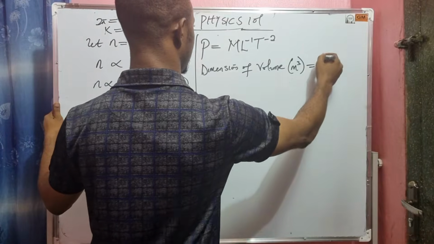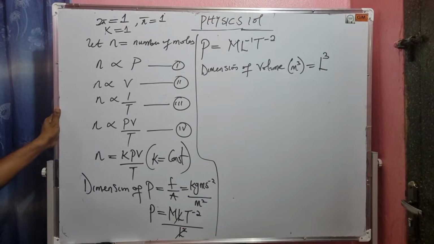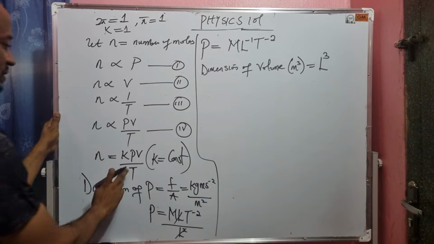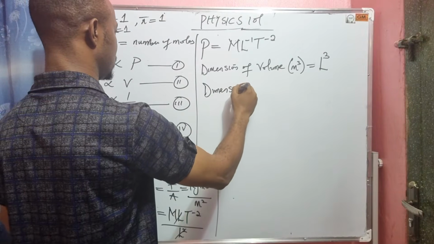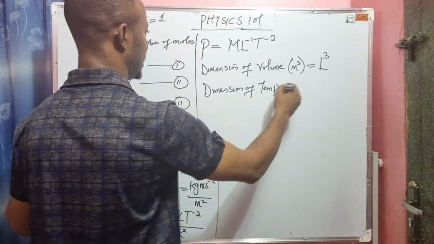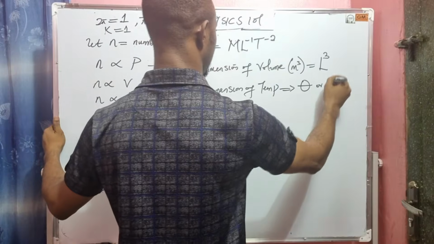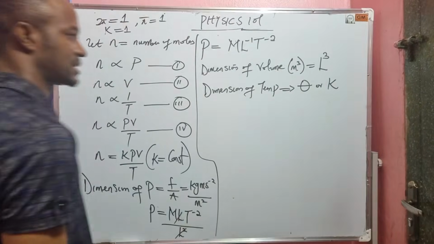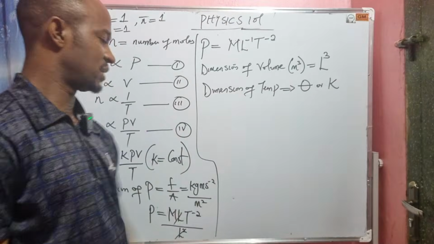So the dimension of volume is L raised to power 3, L cube. Alright, so let's look at the dimension of temperature. I told you that we can represent it as theta or as Kelvin, but most of the time we use theta. So we use theta to express it.